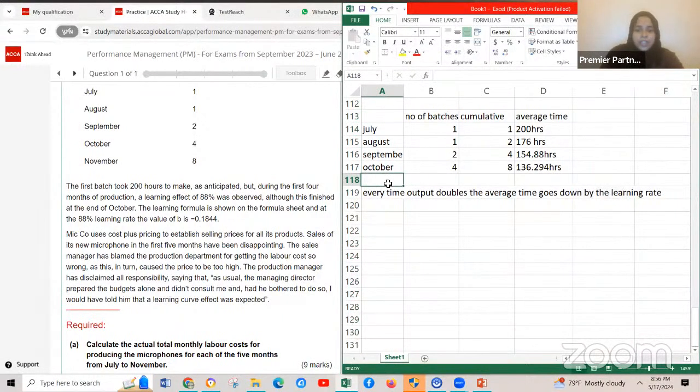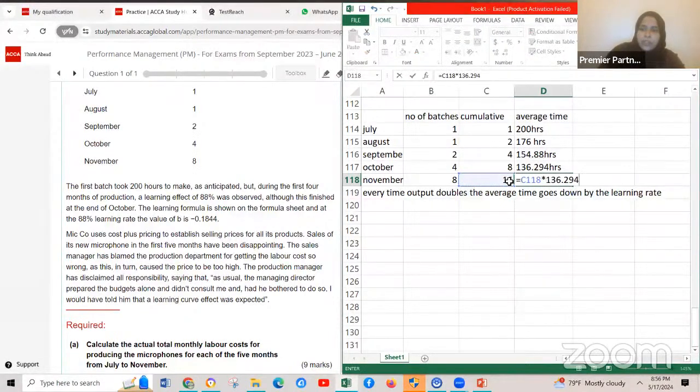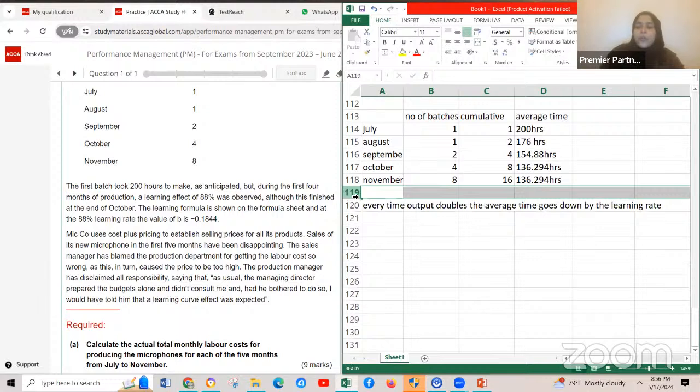It will be the same. So in November, it will not go down. In November, they made 8 units, meaning altogether 16. But for this 16, the average time will be 136.294 itself. It won't change, because there is going to be no learning from October to November.